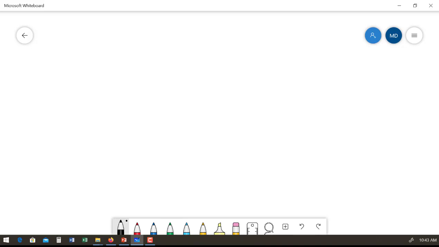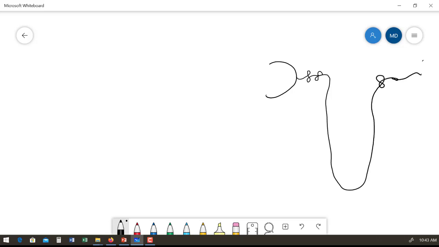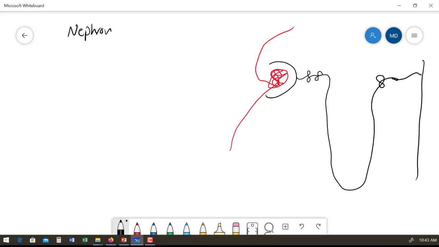All right, so if we draw a nephron here, what we're going to look at is nephron blood flow.